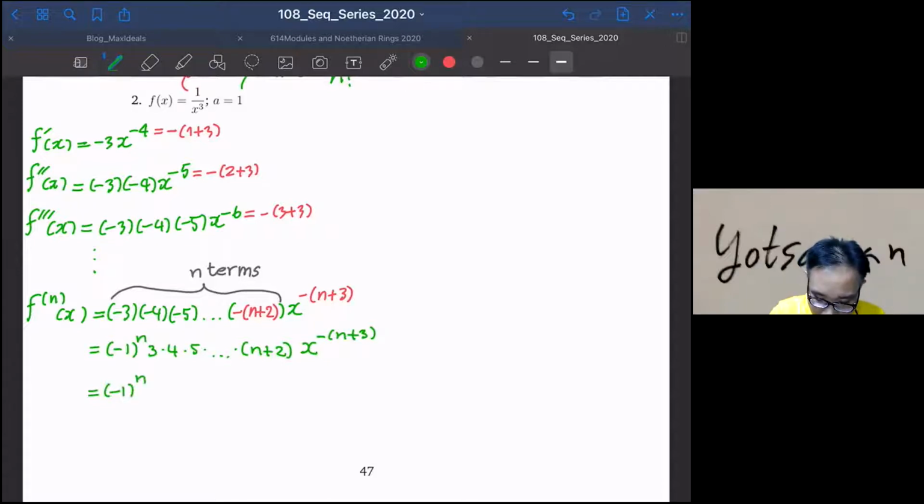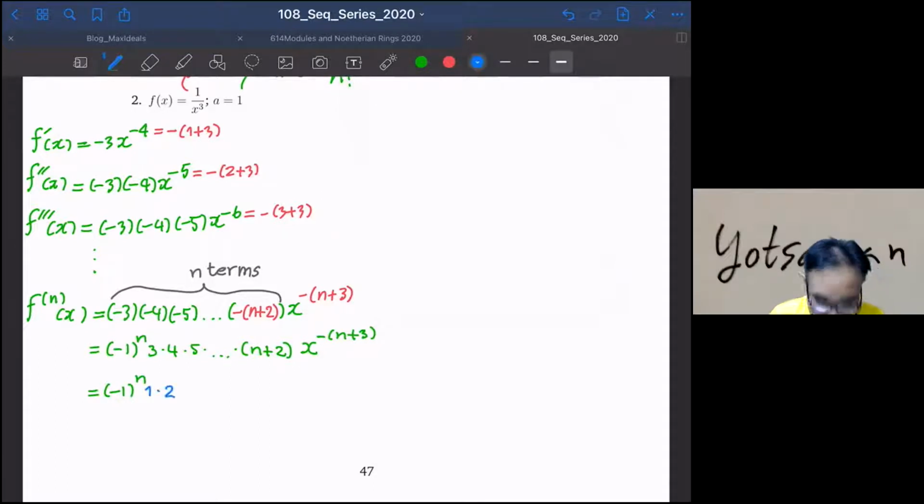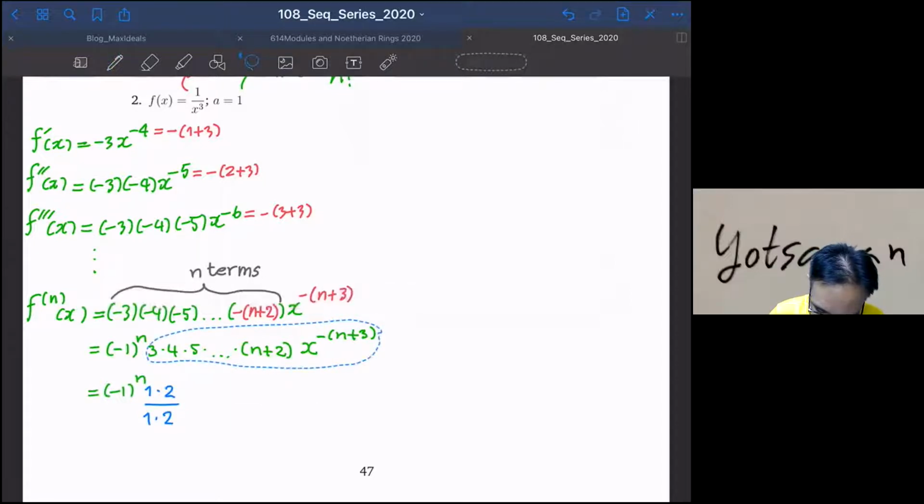So if I would like to write this one in terms of factorial, I would have to add 1 and 2. So I add 1 times 2 and I divide by 1 times 2, and I just copy every other term down. Okay, so it's going to be like this.